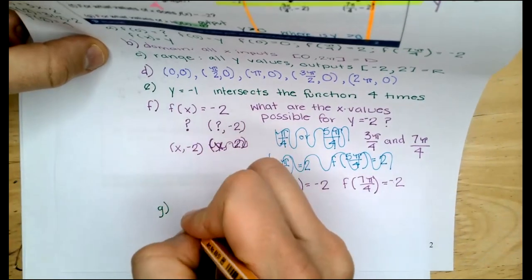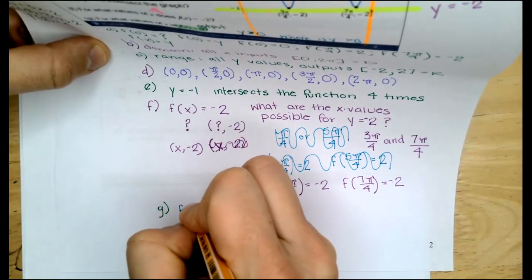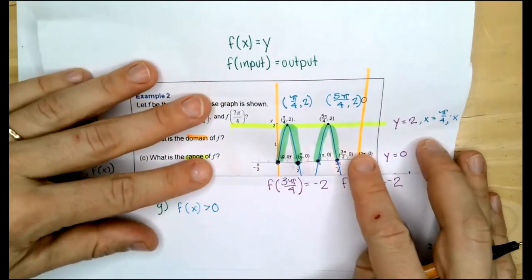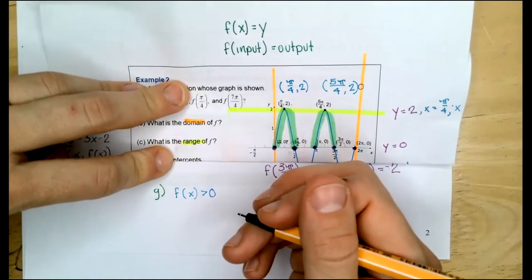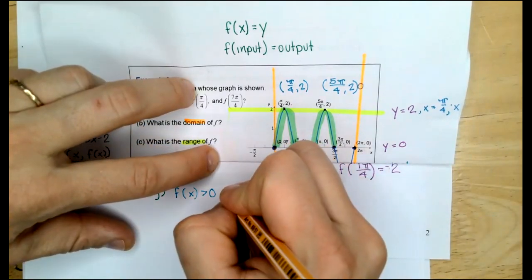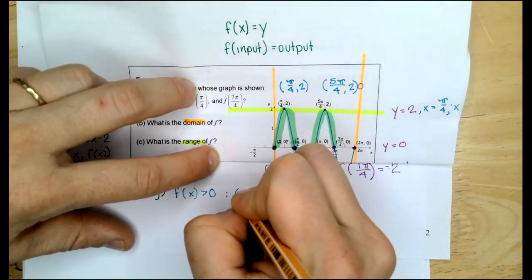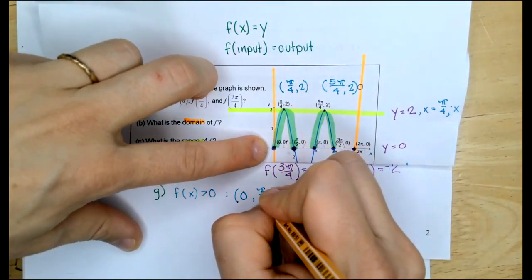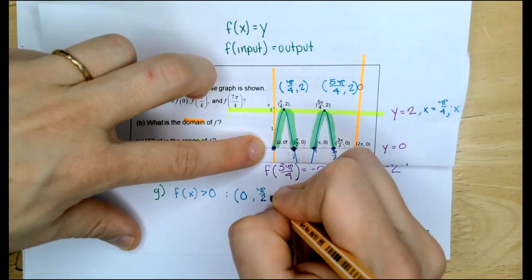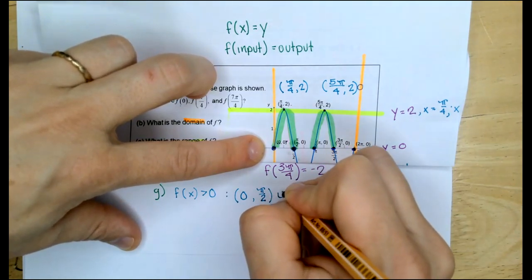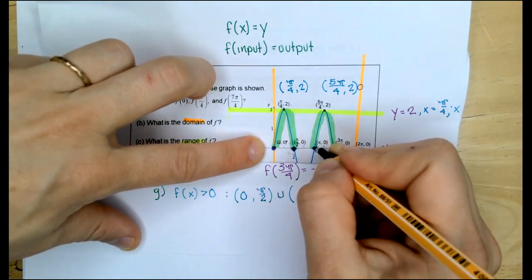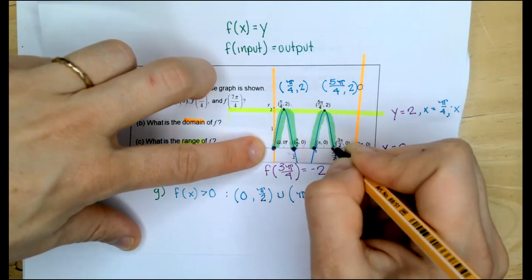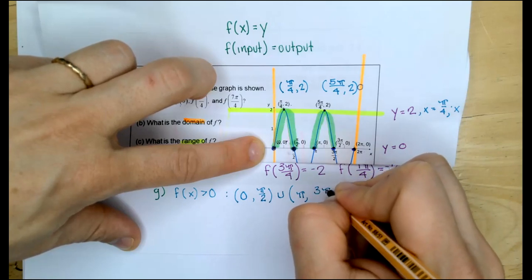So where is f of x greater than 0? Where is my y greater than 0? It's between 0 and pi over 2. It also begins again at pi and ends at 3 pi over 2.